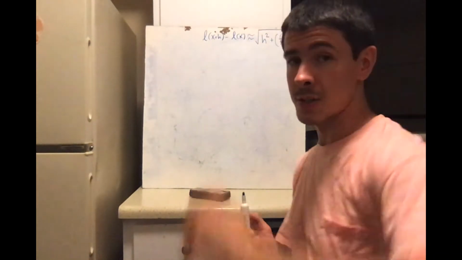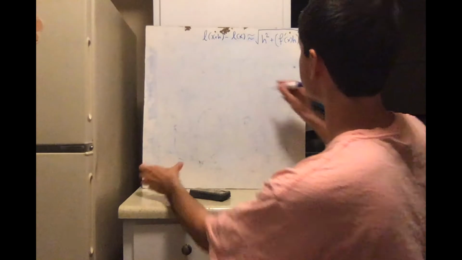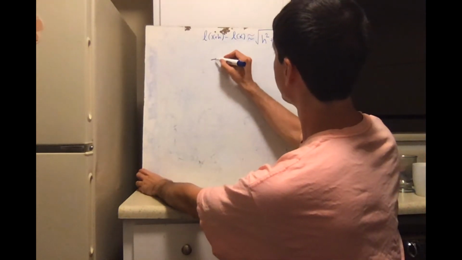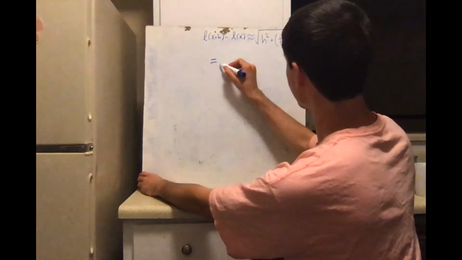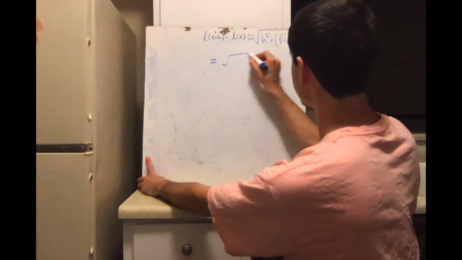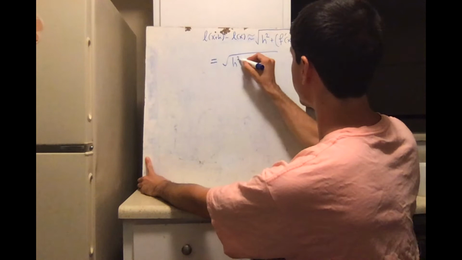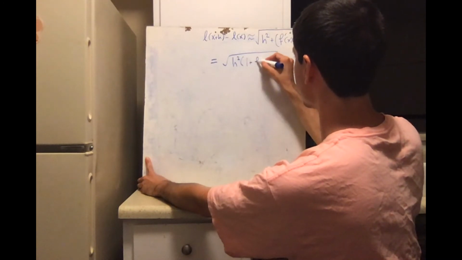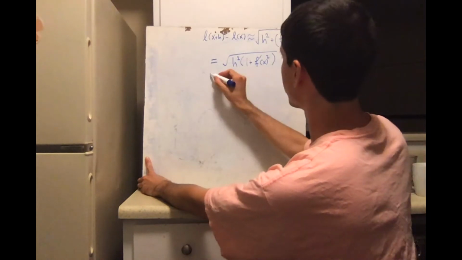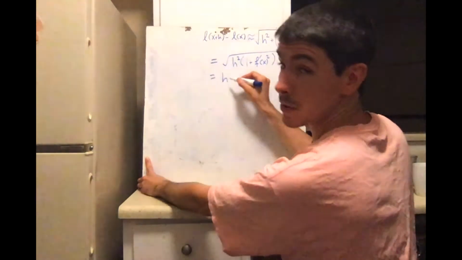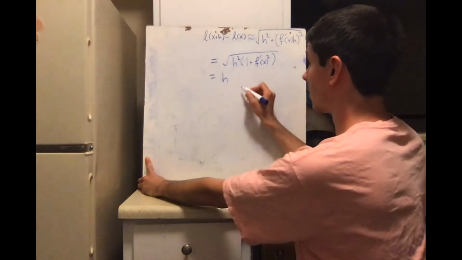And we can reverse engineer the linear approximation. So we can factor out an h squared from inside of the square root. It's going to be h squared times 1 plus f prime of x squared. And then we can pull the h out of the square root.